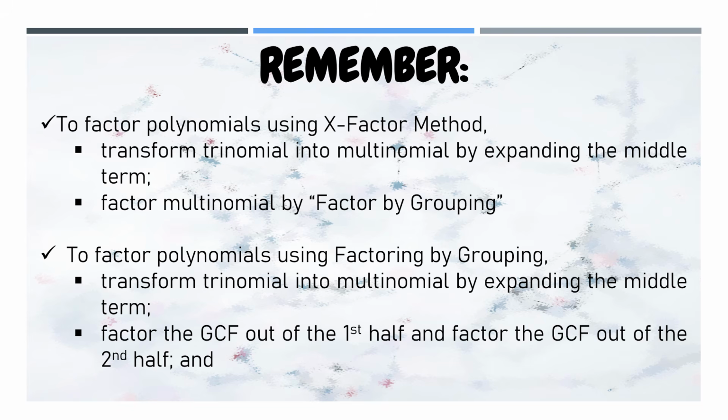So, yung una nating hinati, hahanapin natin yung factors or yung GCF. And then, ganun din sa pangalawang kalahati. And the last is to factor out the common binomial factor. Remember, when you are writing the final answer, palagi pong una ang common factor and then isusunod na natin yung pinagtabi nating terms.